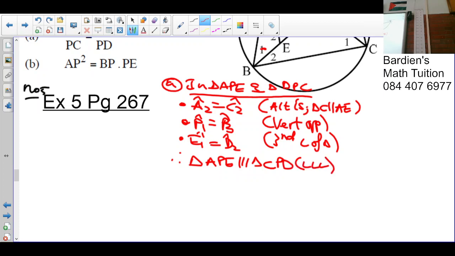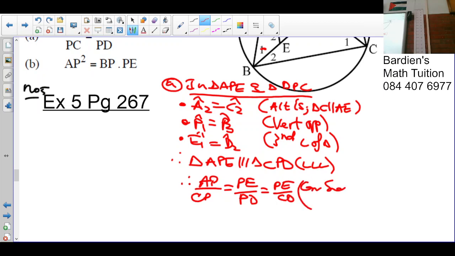Angle, angle, angle. In conclusion, we can now say that AP over CP is equal to PE over PD equals AE over CD. Why? Because corresponding sides are in proportion.